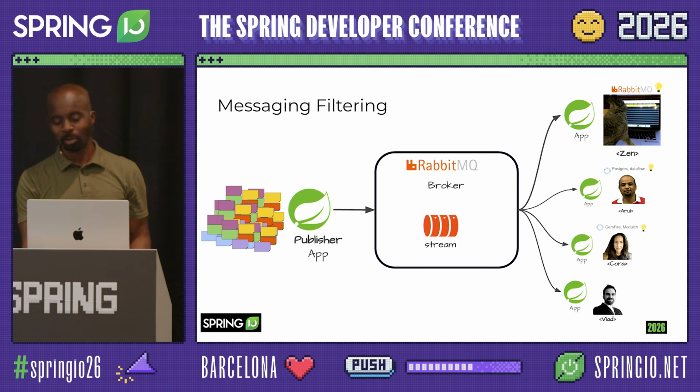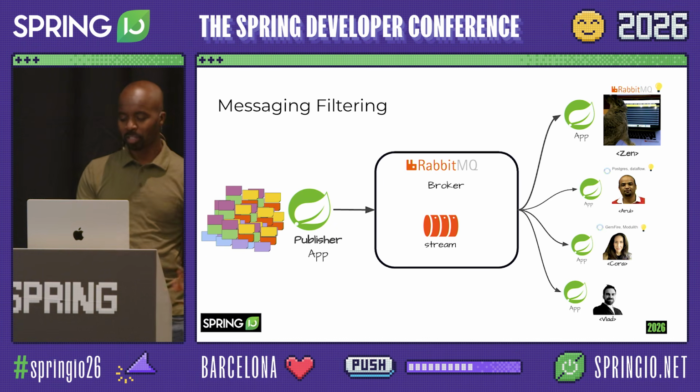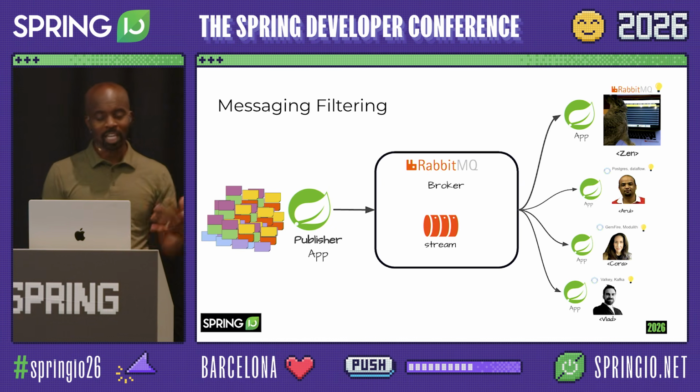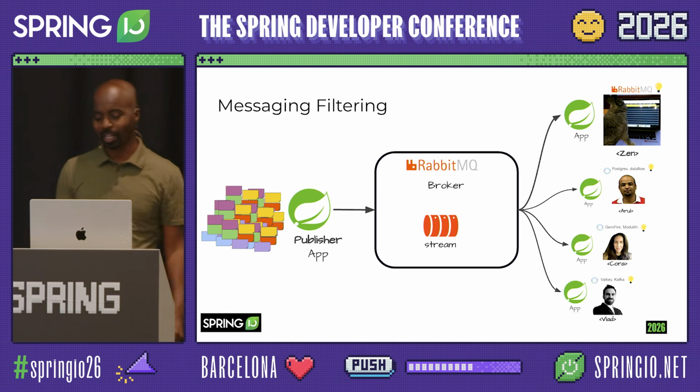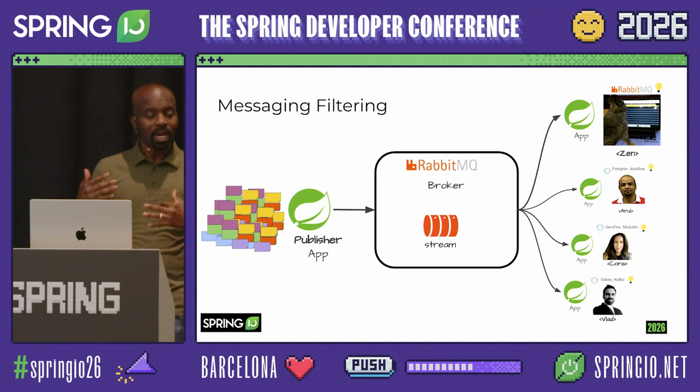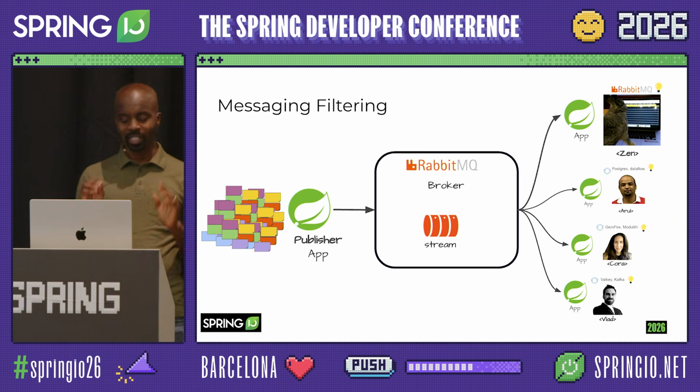He's another one of my awesome colleagues. He's also in Spain, so you should connect with him after the session. Vlad is advanced, and he might be interested in advanced topics like Valkey or Kafka, right? So again, how do I get these applications or these users just the messages that they need?